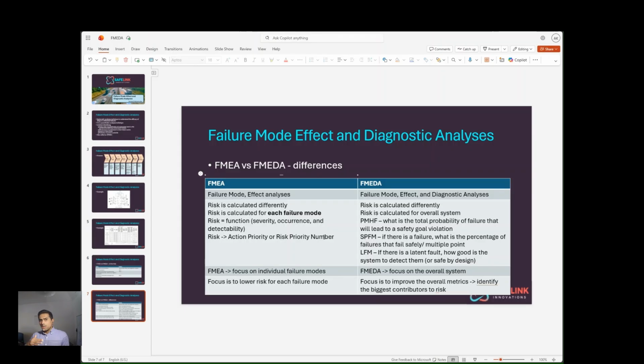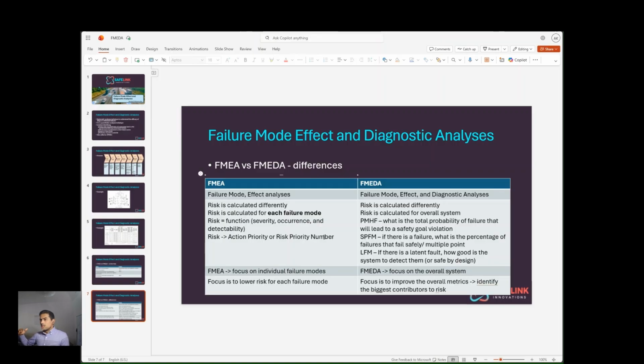What this means is when we do the FMEA, we look at each failure mode. For each failure mode, we give a rating as to what the severity is. Safety critical, we say it's 10. If it's occurring very often, the probability of occurrence is very high, we get a 10. And then if there is no detection mechanism, then we probably say it's a 10.